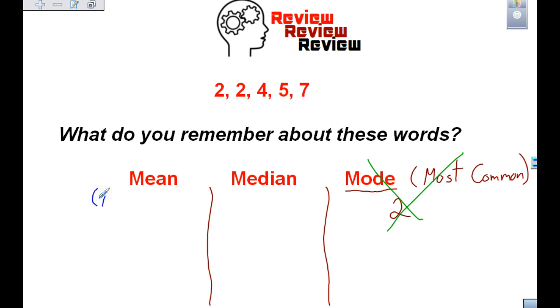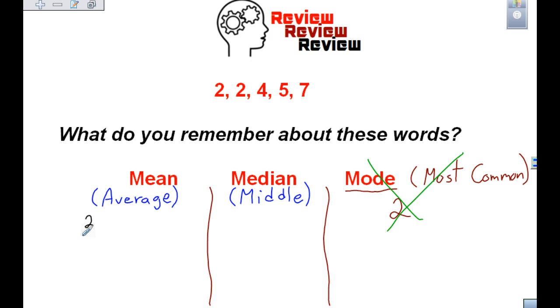Mean, you know as an average. And median, slightly different, middle. Now, for both of these, they turn out to be the same answer, which is not always the case.